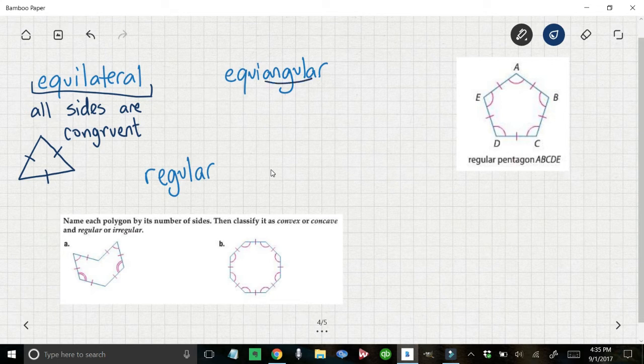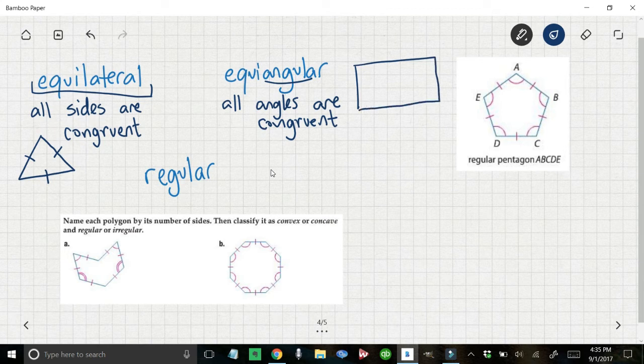Equiangular, maybe you could take a guess. All the angles are going to be congruent. And things could be equiangular but not equilateral, or equilateral but not equiangular. And a great example of a shape that you already know that's equiangular but not equilateral would be a rectangle. So all of these angles are going to be 90 degrees, but not all the sides are the same length.